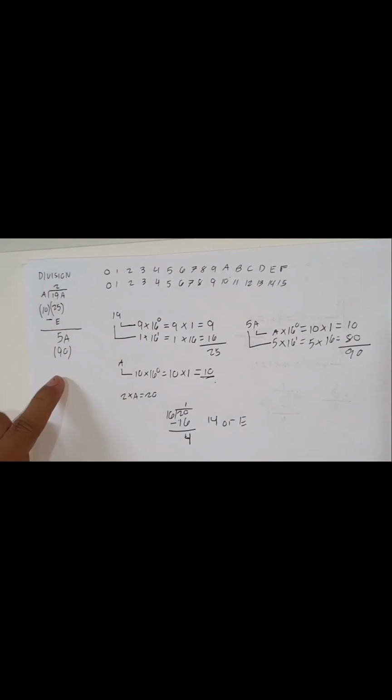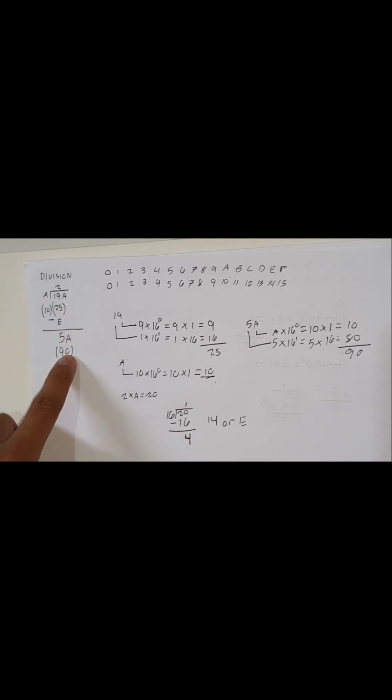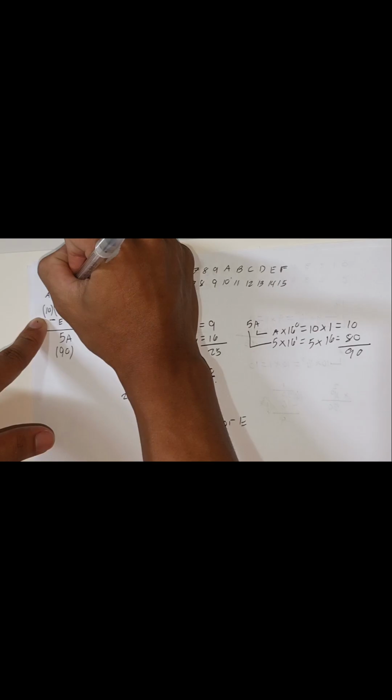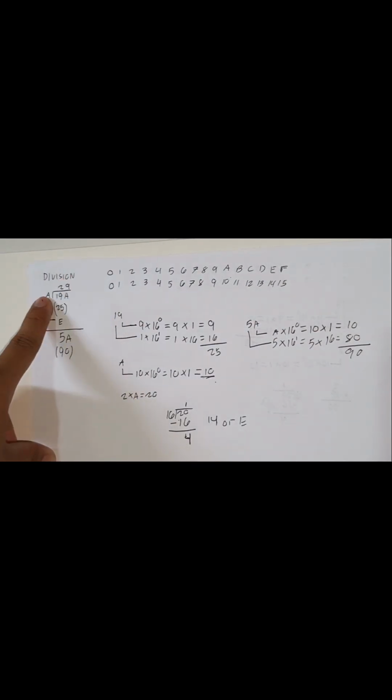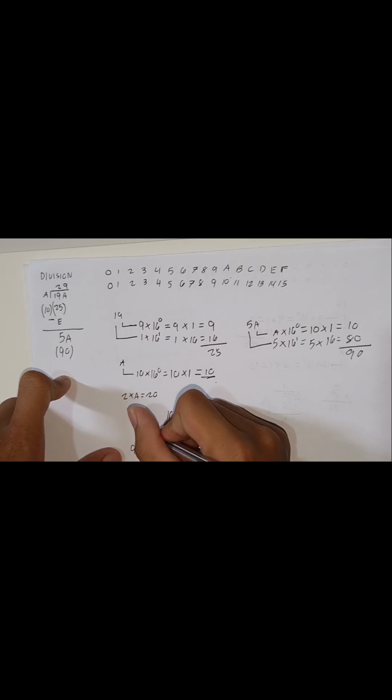So now we have a decimal number here, so we can divide it by the decimal number of A. So 90 divided by 10 is 9, and 9 times A is 90. As you can see, it's more than 16, so we need to divide it by the base.